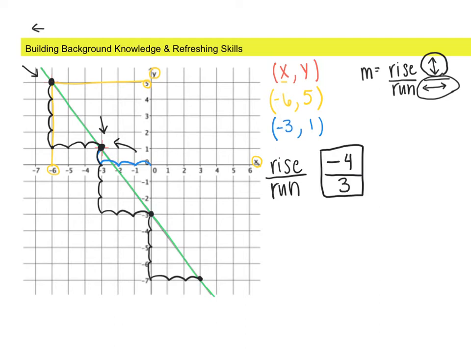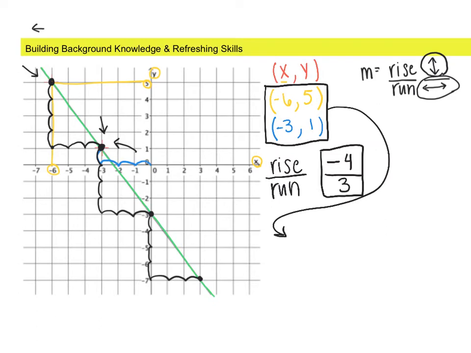The second way we learned was a strategy we would use if we did not have a graph or if our point values were fractions, decimals, not super clear on those crosshairs. So I have -6.5 and -3.1. I'm going to use these points in my formula.